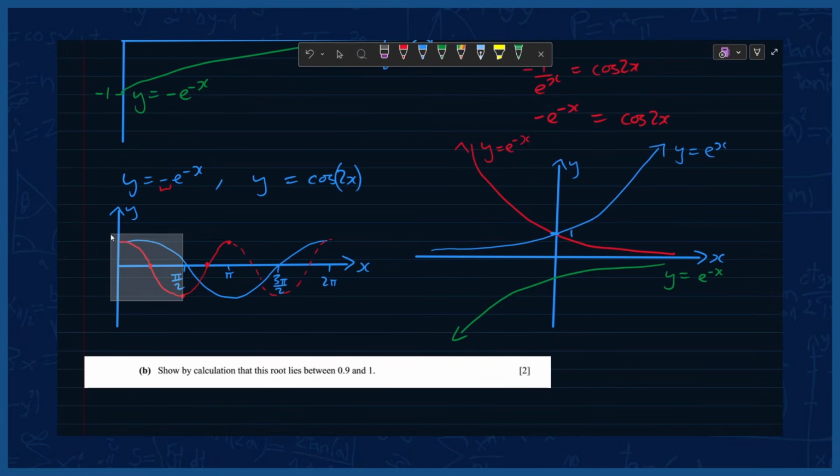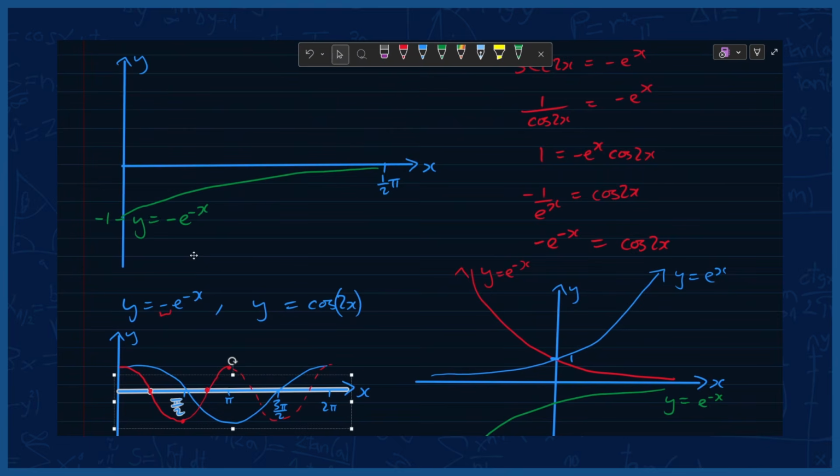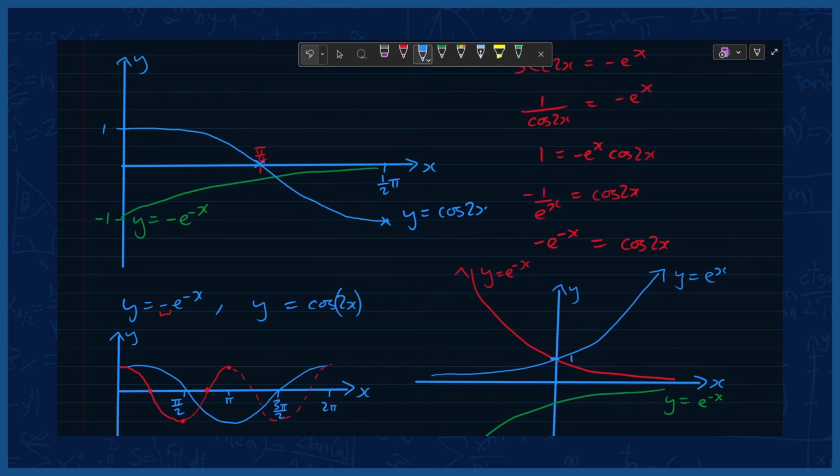So really, I just want this first bit. That's what I'm looking at. So if I can label pi over 4 to be somewhere there, I know that we start at 1, and I know I'm going to end at -1. So I'm going to have that, and then that. And so we're looking at something like, that's a bad curve. That's better. Something like this. And this would be my y is equal to cosine of 2x.